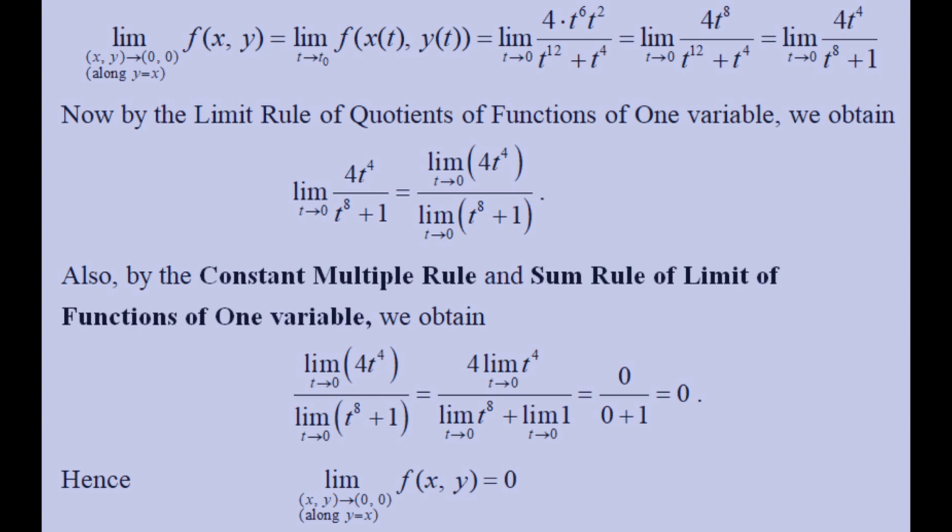Also, by the constant multiple rule and sum rule of limits of functions of one variable, we obtain 4 times limit t approaching 0 of t⁴ all divided by limit t approaching 0 of t⁸ plus limit t approaching 0 of 1, which is equal to 0 by 0 + 1, which is equal to 0.